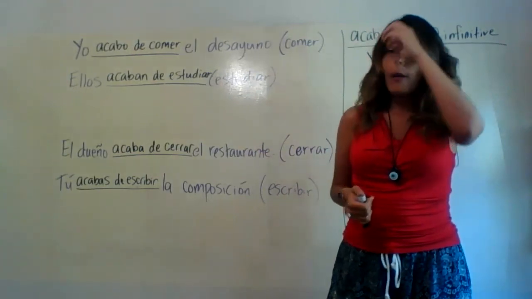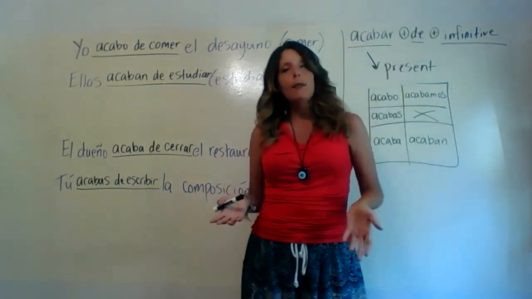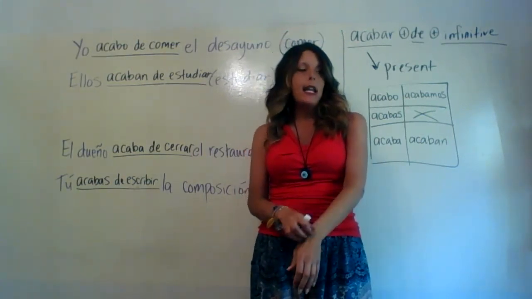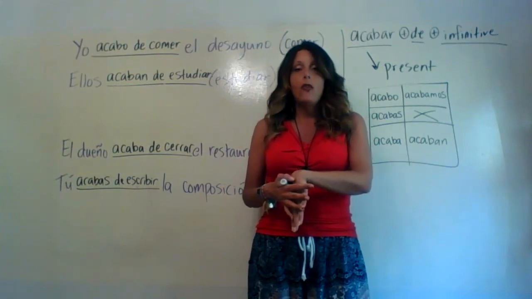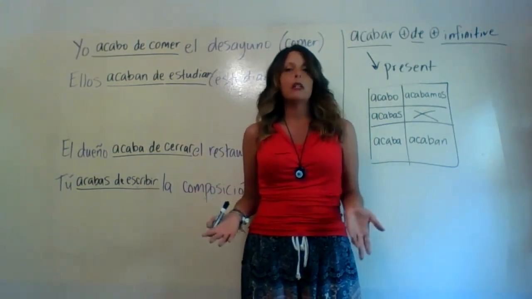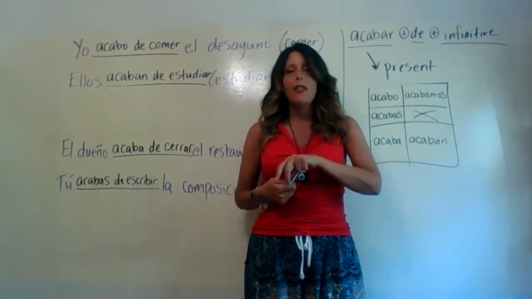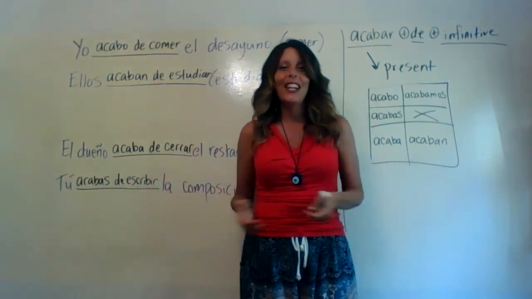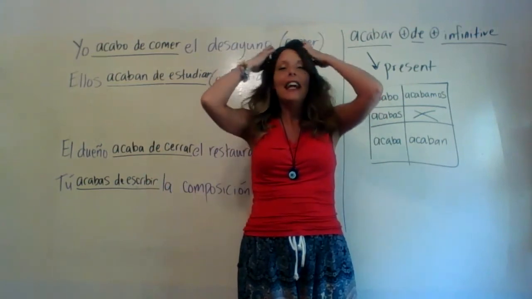And remember, acabar plus de plus infinitive oftentimes in real life is used with the present perfect, and in classes is oftentimes studied with the present perfect. Does it have anything to do with the present perfect? Nothing. But that's the reason why we're looking at it, because in real life it happens.